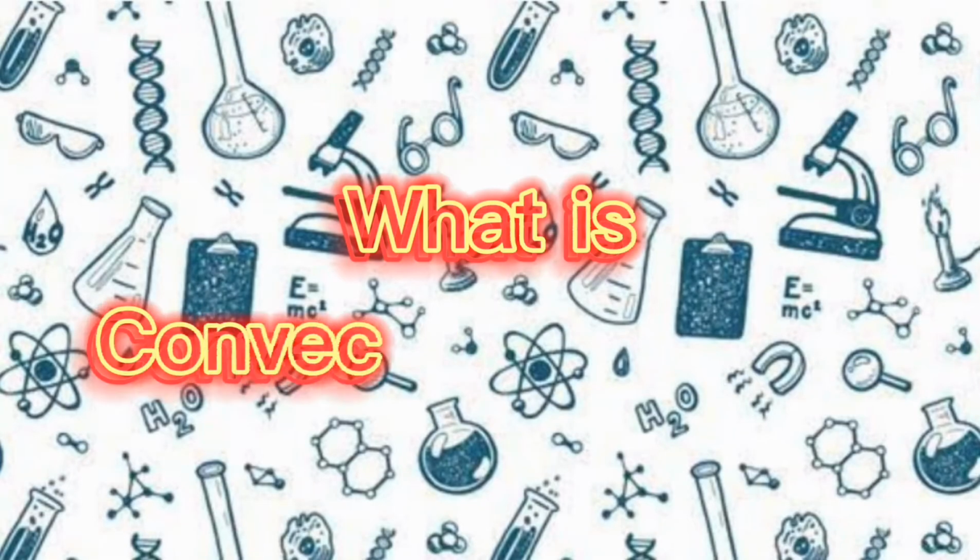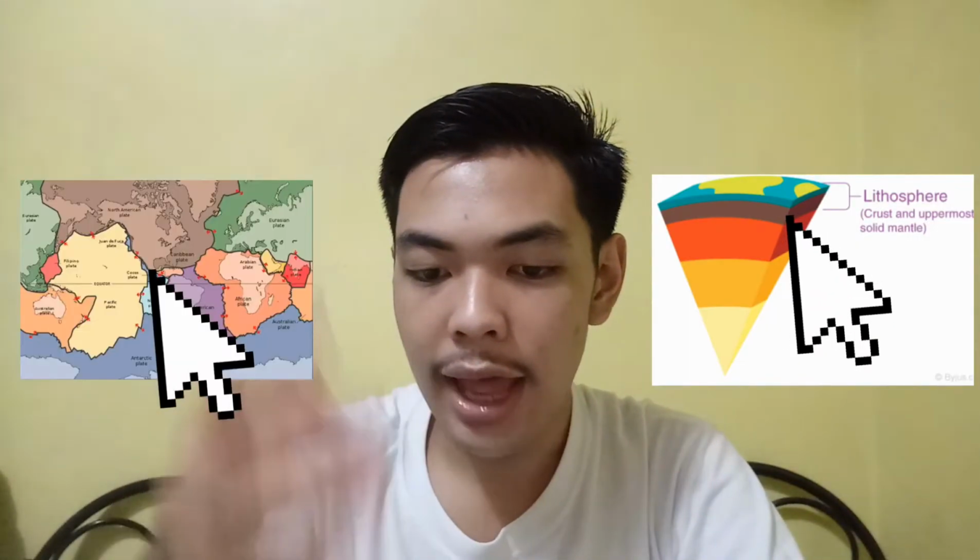What is a convection current? Convection currents are the movements of fluid as a result of differential heating. Convection currents transfer hot magma to the lithosphere at plate boundaries and hot spots, and also transfer denser, cooler material from the crust to the Earth's interior through the process of subduction.